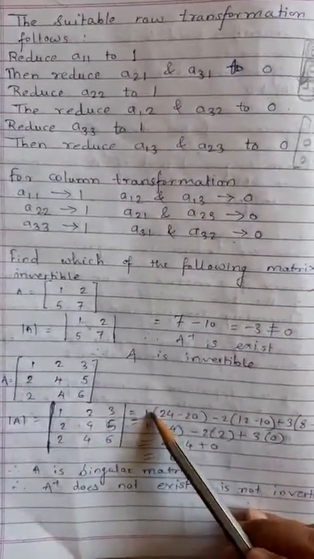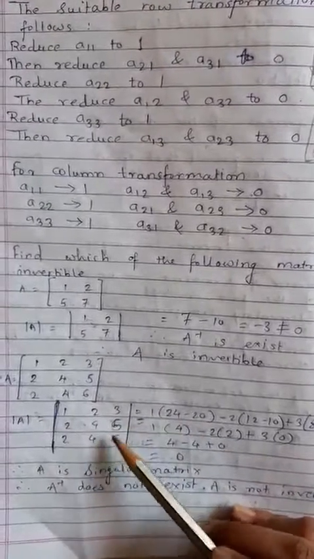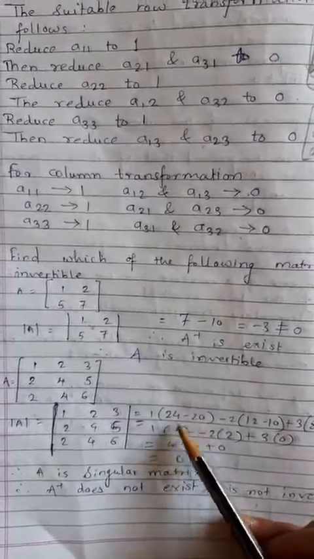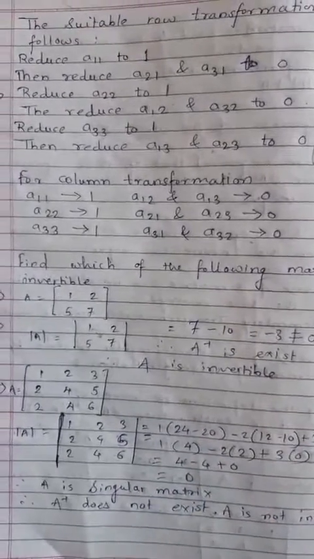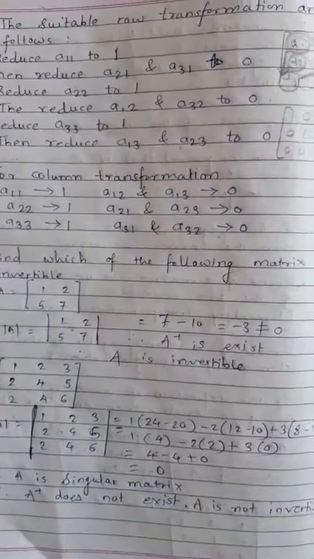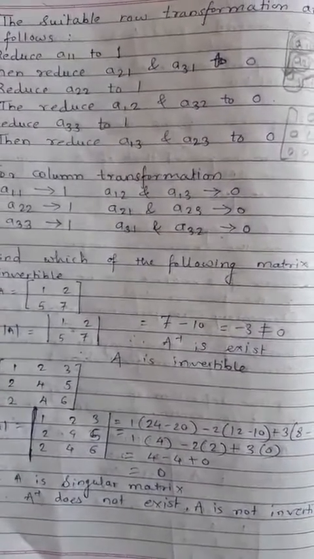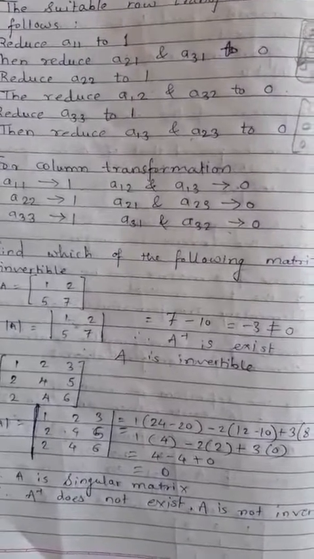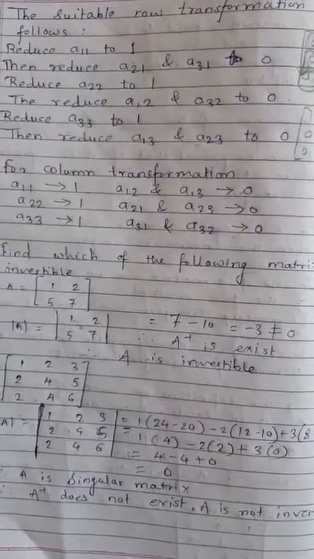So 1 into (24 minus 20). We are finding the determinant here. So students, first learn how to find the determinant. I have taught it in the first lecture also. So clear the basics first.